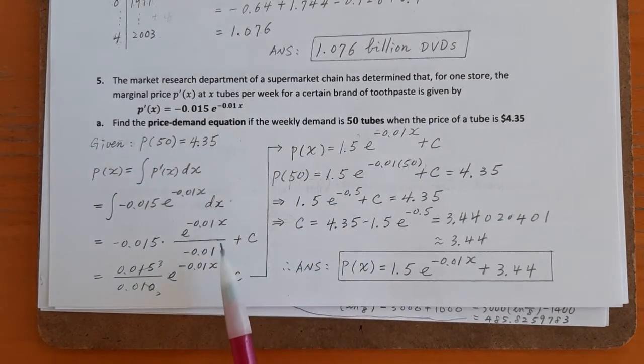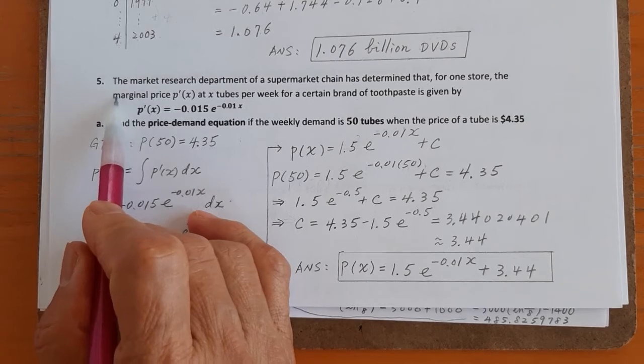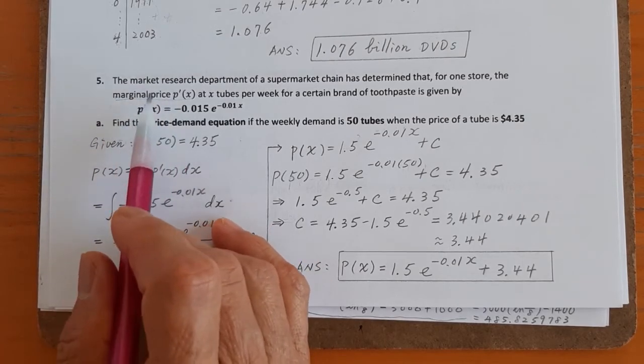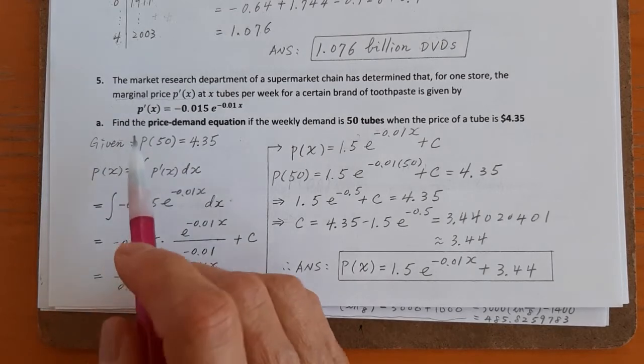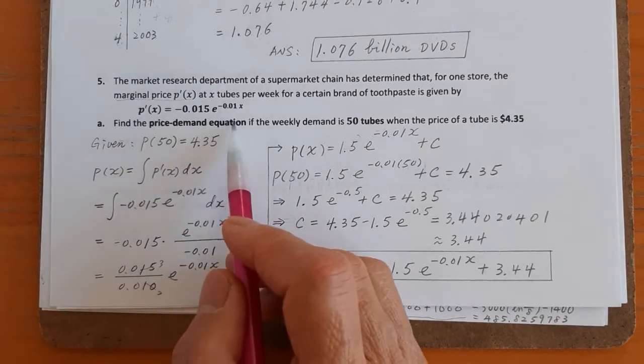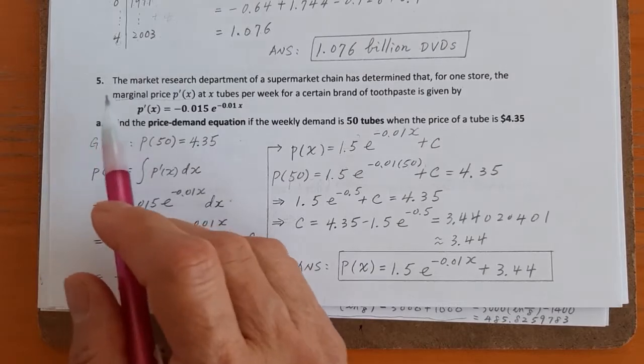This is the marginal price. So the integral of the marginal price is the price. Find the price-demand equation, so that means take the integral.